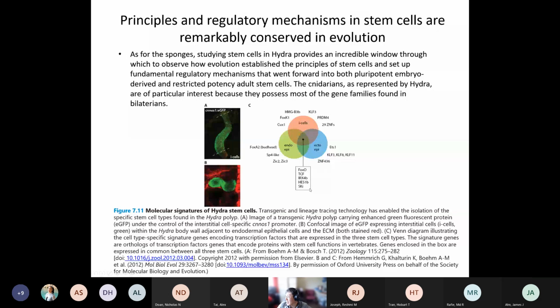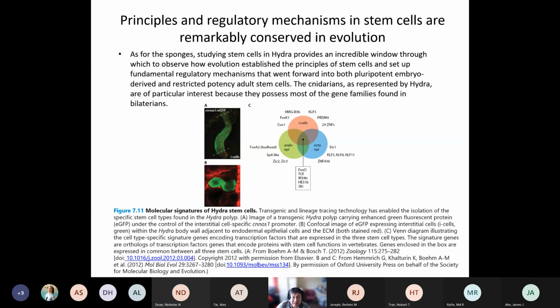Here we have a list of five genes that are common for the three stem cell types. You probably haven't encountered FOXO, but I hope you have already heard something about TCF. TCF is the downstream effector for the Wnt beta-catenin pathway. We learned that the Wnt beta-catenin pathway is a major regulator of modern stem cells.